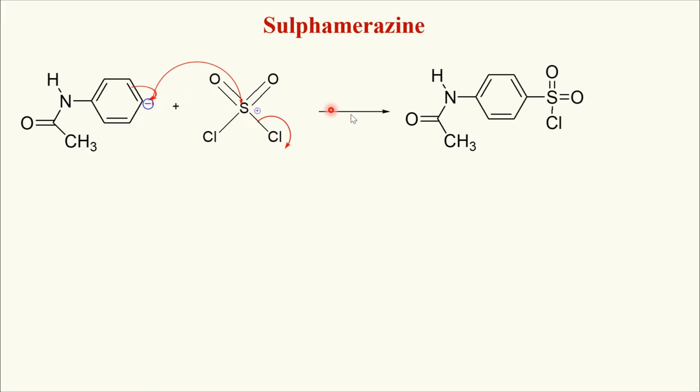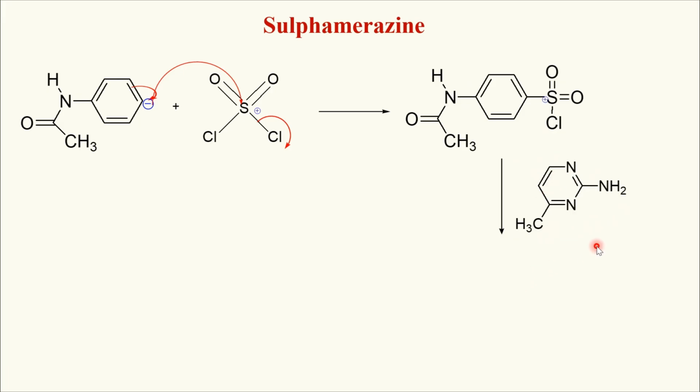I'll get the corresponding acetamido benzene sulfonyl chloride. As NH is ortho-para directing, the para derivative will form in large quantity.